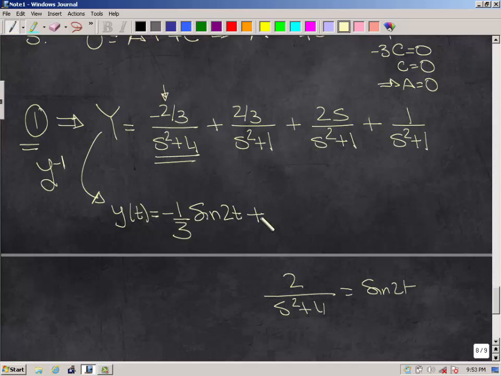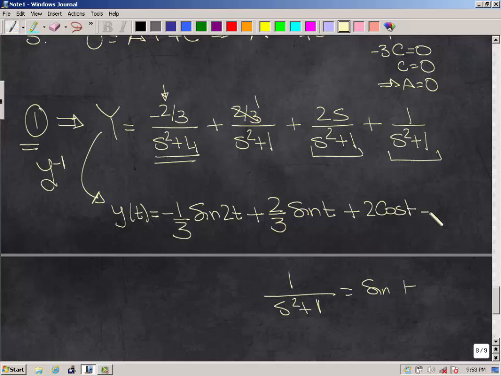Plus, out here, if this was S squared plus 1, then I would need a 1 on the top to be just sine t. So I can just take that 2/3 out, that'll become a 1 then. If I pull it out, then you'll just get sine of t. Plus, this will give you 2 cosine of t. This will give you plus sine t.